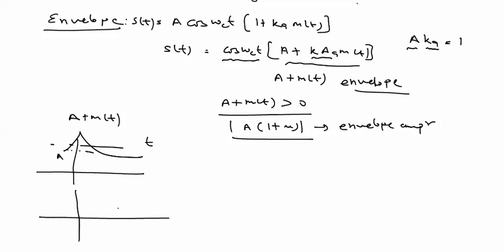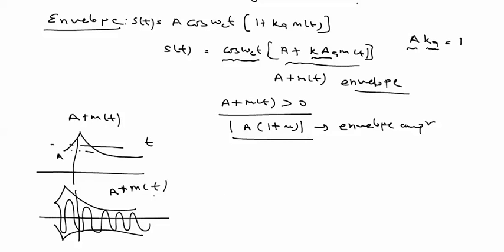If we apply a carrier on it, the result will be this way. We get the envelope A plus m(t) and its modulation scheme, and the message can be recovered.